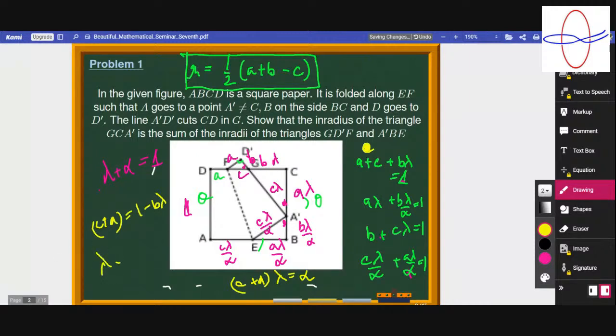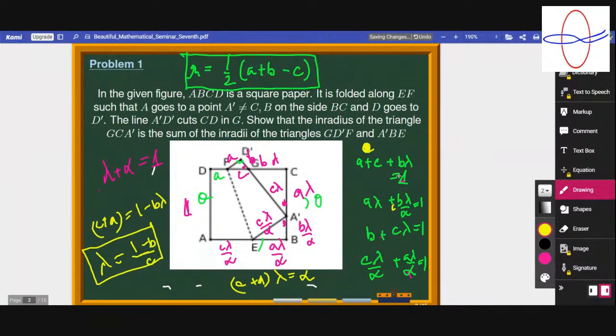What is lambda? We are getting lambda equal to 1 minus B by C. We equated the sides, right? This one and this one. Anything else we have to do? And from here we get 1 minus A minus C by B. So we have a relationship between A, B and C from here, which is A square plus B square equal to C square essentially. Now we have a relationship between A, B and C.